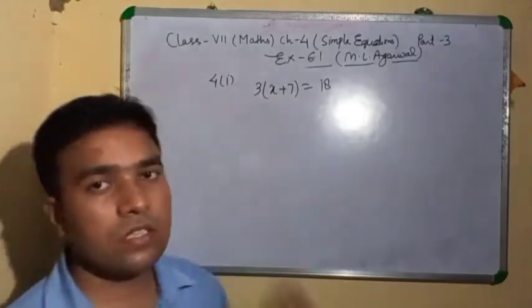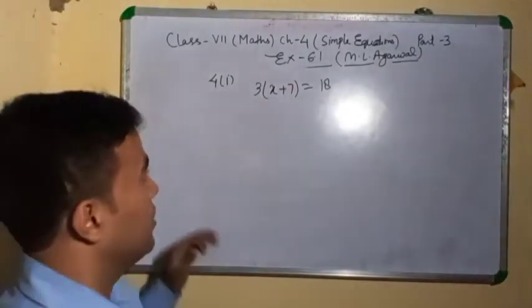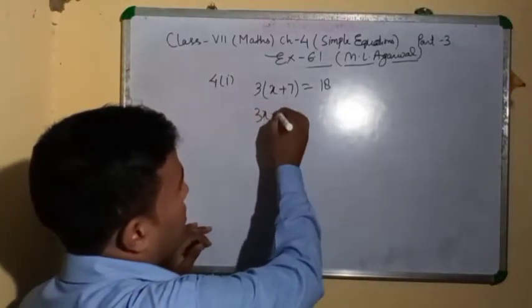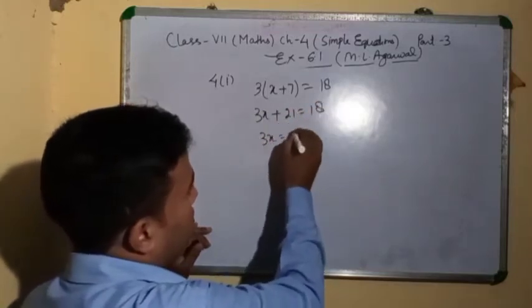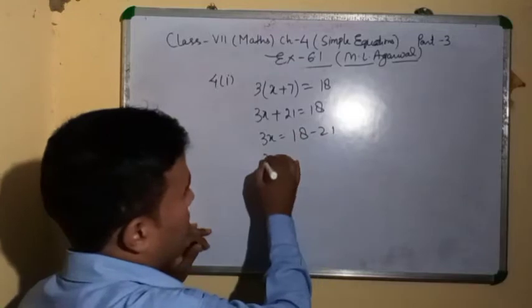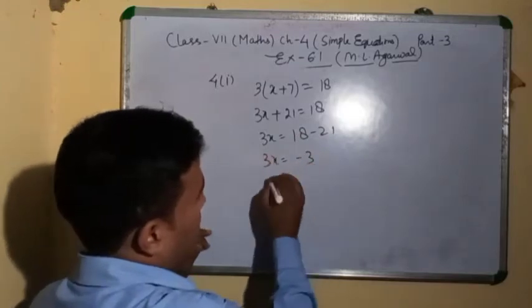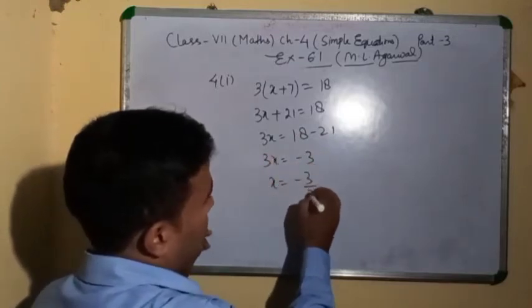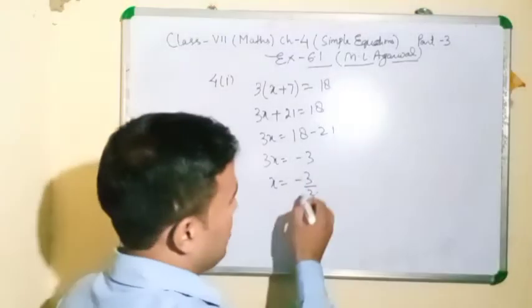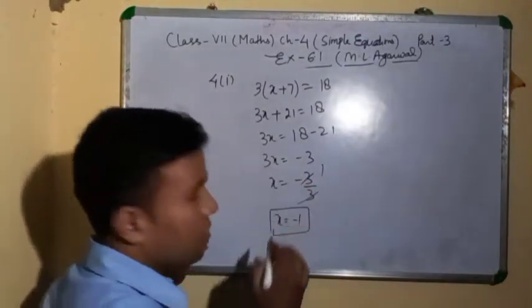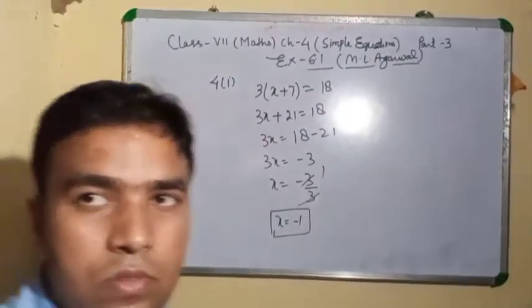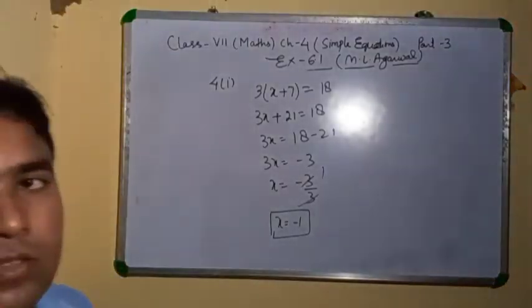When 3 enters the bracket, 3 into x, 3x, 3 7s are 21. 3x equal to 18 minus 21. Minus 3. X equal to minus 3 by 3. 3 1s are 3. X equal to minus 1. Note down.